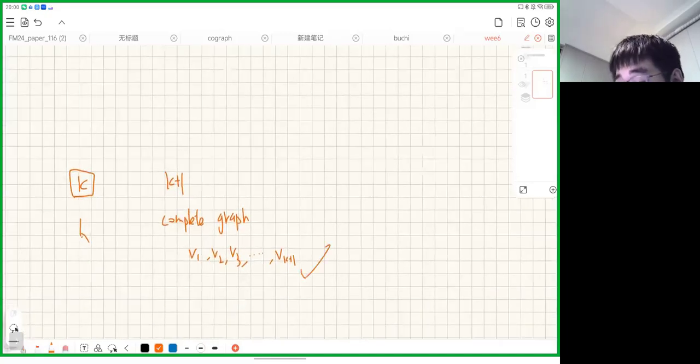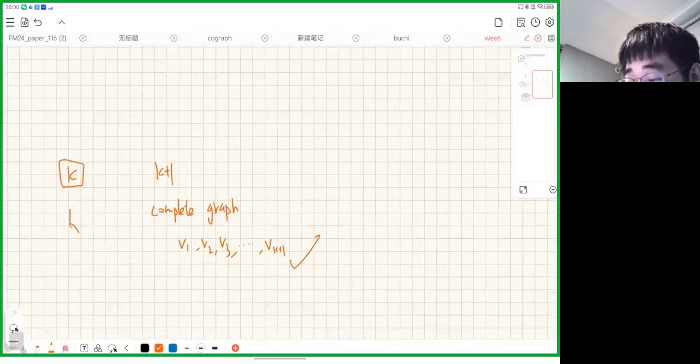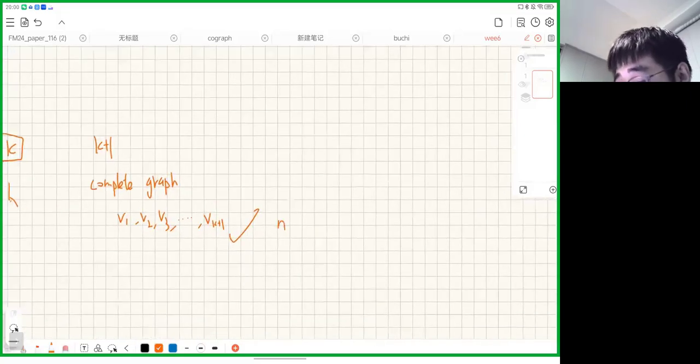So if we have this, we already have a vertex cover with k plus 1 vertices. But we want a vertex cover within a given number of vertices. Then for the remaining vertices, we can just add them there and connect them to V1.